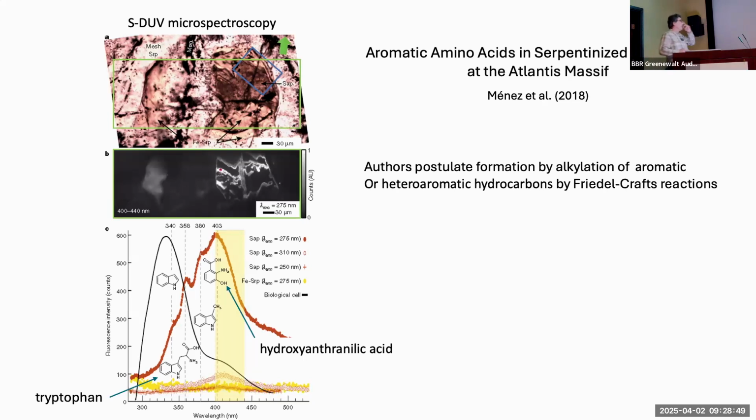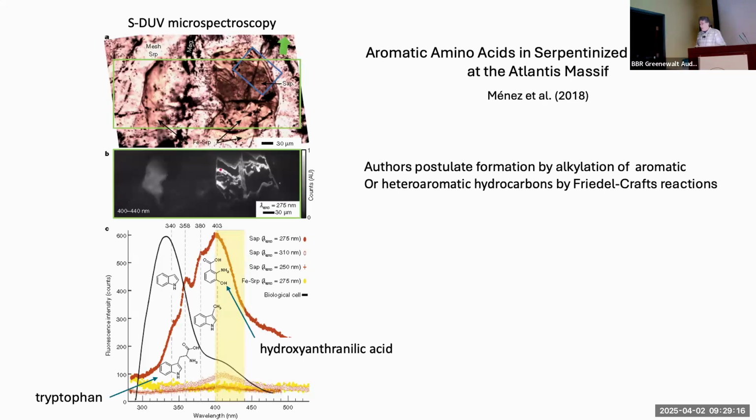And I think they estimated that based on the mineralogy at temperatures of about 200 degrees. And they argued that this is tryptophan and hydroxyanthranilic acid here, that these amino acids were forming abiotically, by a Friedel-Crafts reaction that was catalyzed by the iron-rich clay in these environments.